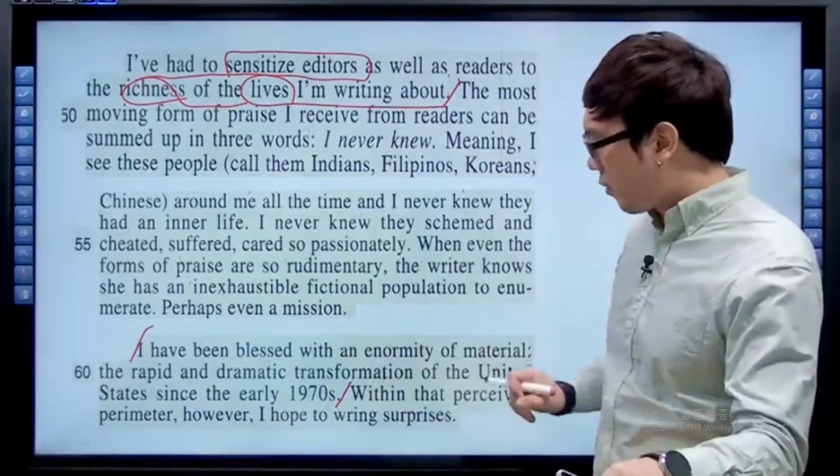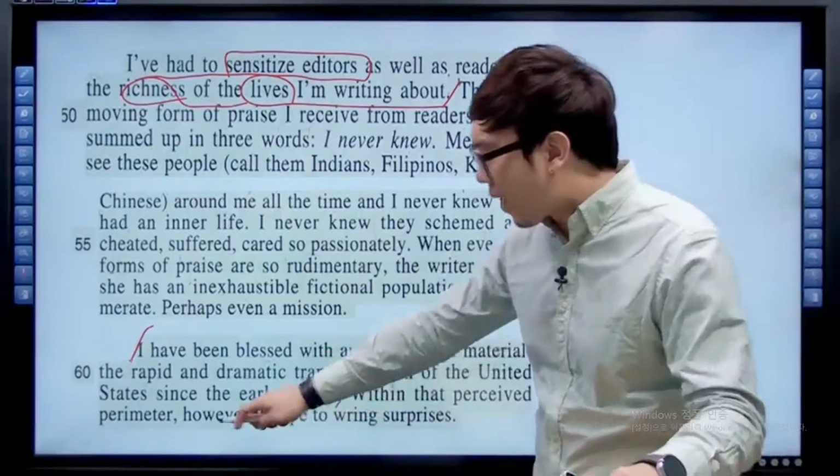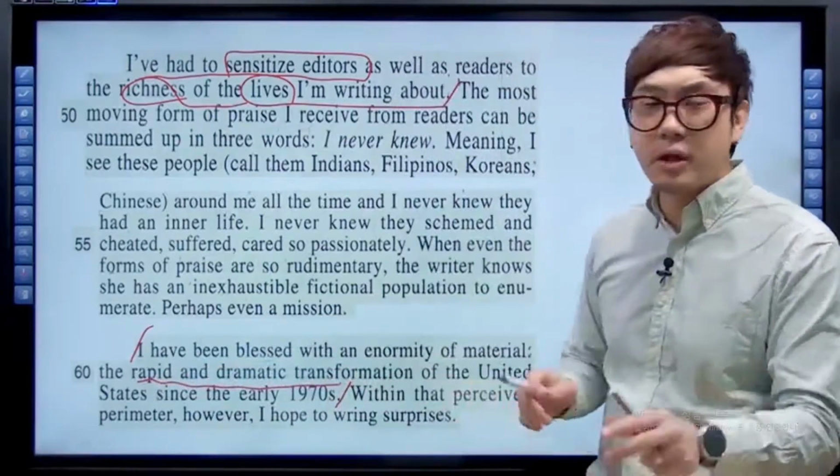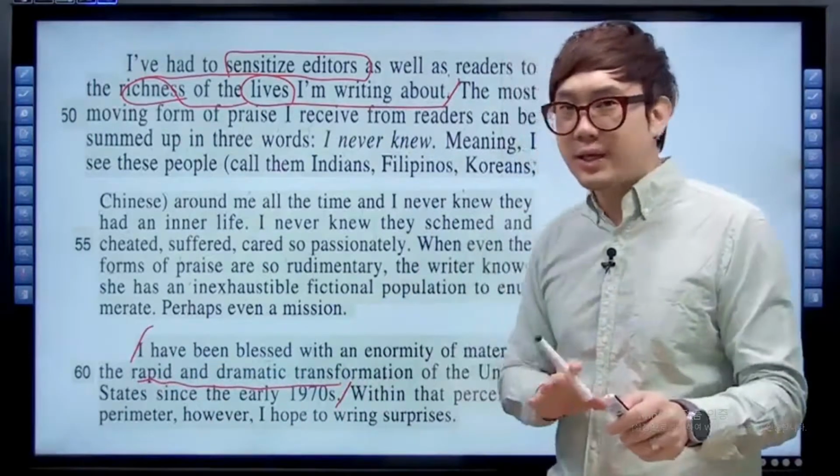So that's the whole idea. So that's what she's saying. She saw a rapid and dramatic transformation in the U.S. All right, a lot of things changed in the 1970s.